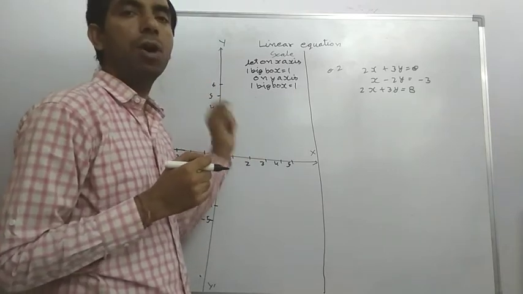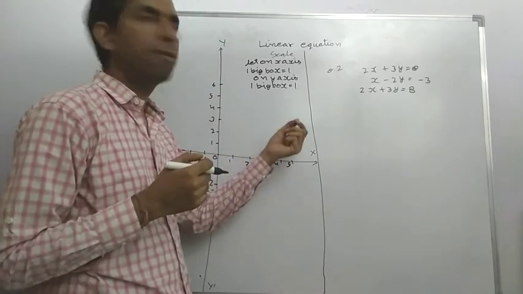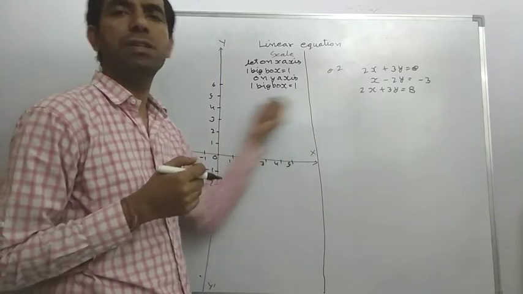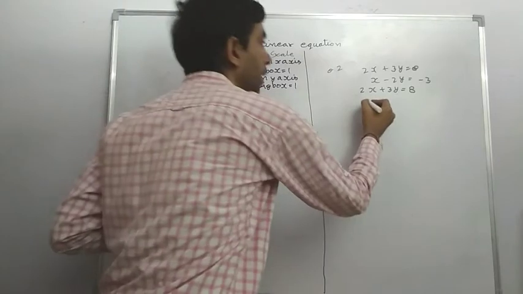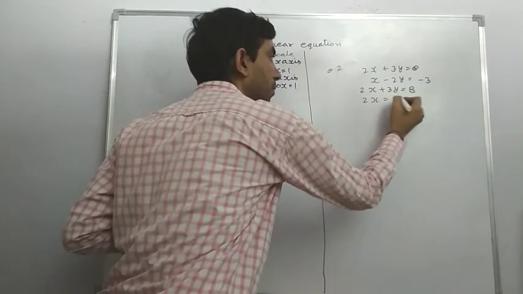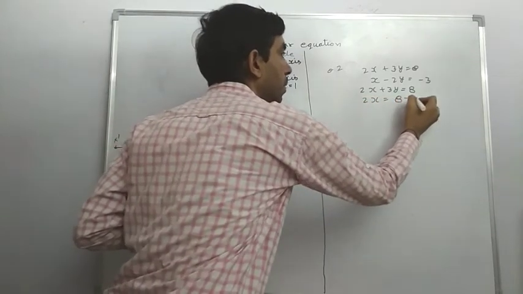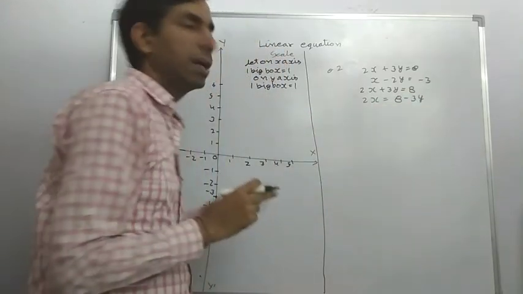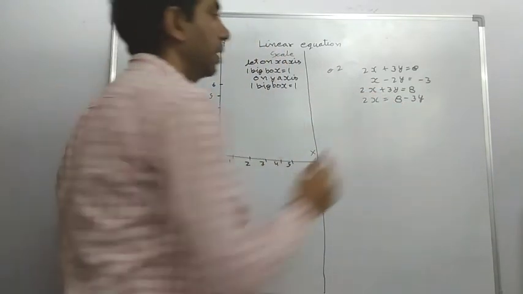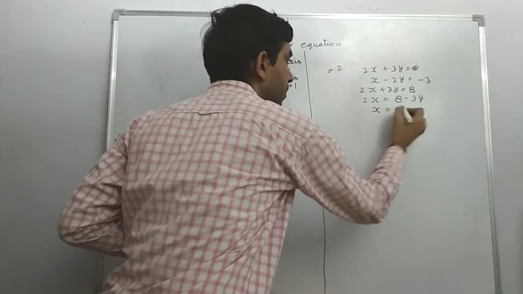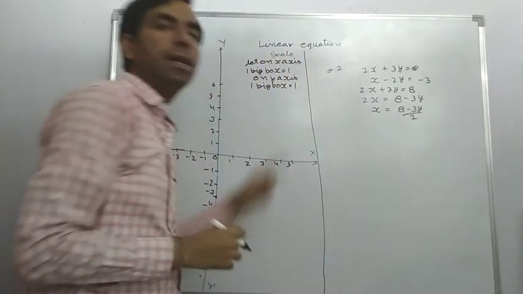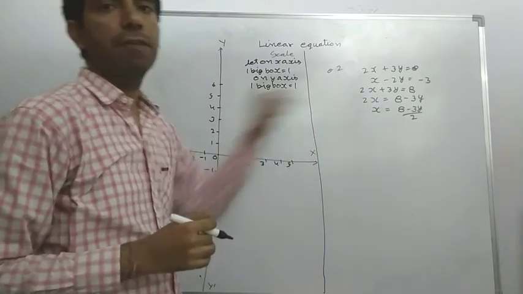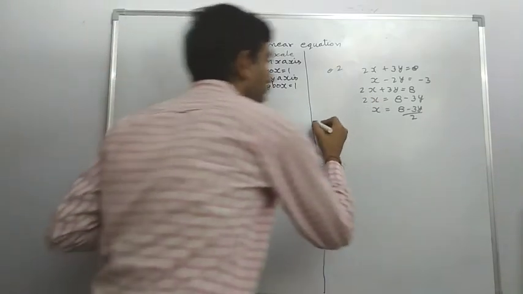So I always take only x because it is always positive here. Then we have 2x equals 8 minus 3y. Then x equal to 8 minus 3y upon 2. Make a table.